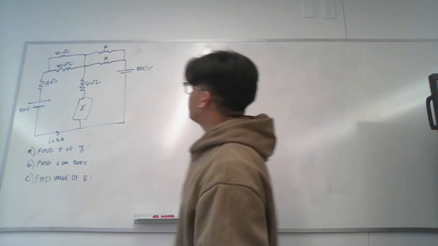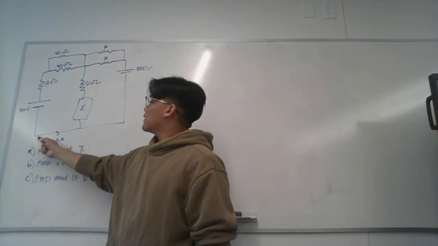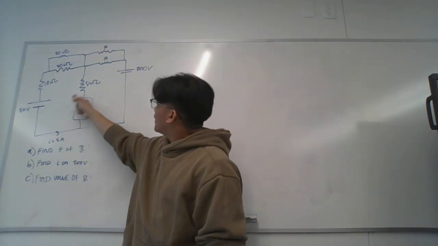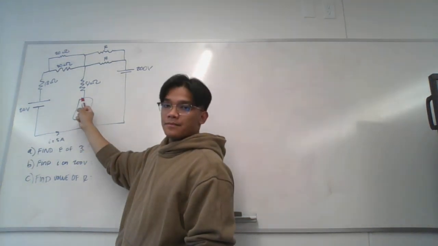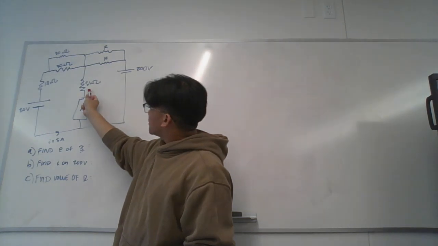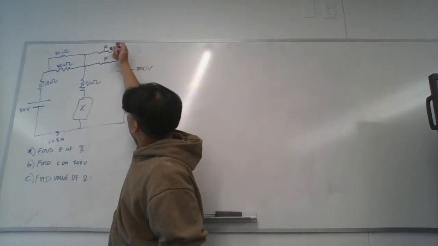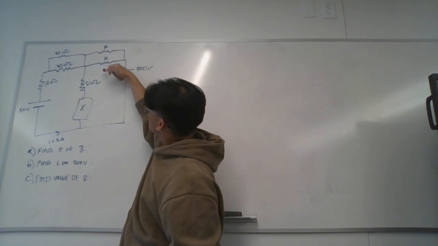We're given this circuit where 5 amps is flowing down here, and then we have an unknown voltage source in the middle. We're given a resistor with this voltage source. And then at the top here, we have two unknown resistors.